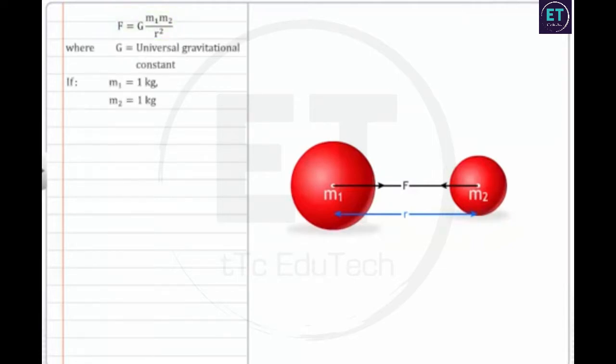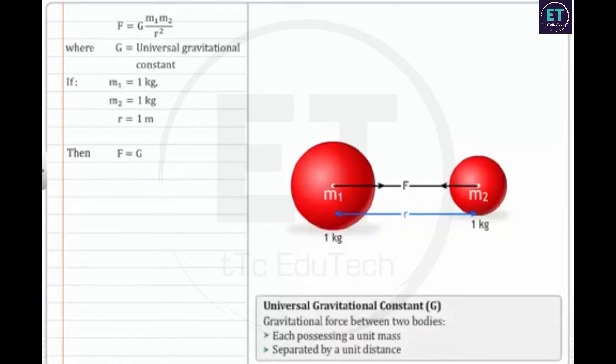If m1 and m2 each equal 1 kilogram and r equals 1 meter, you get F is equal to G. Thus, the universal gravitational constant is numerically equal to the gravitational force between two bodies, each possessing a unit mass, separated by a unit distance.